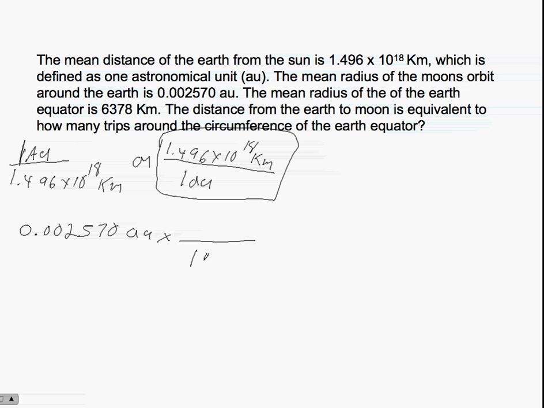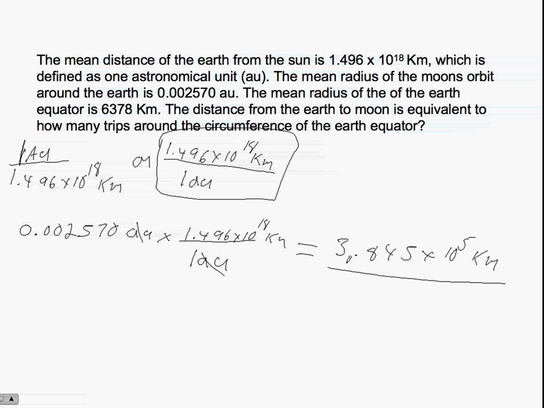So 1 astronomical unit is equal to 1.496 times 10 to the 8th kilometers. Astronomical units cancel out. This number is equal to 3.845 times 10 to the 5th kilometers. So this is our distance to the Moon.